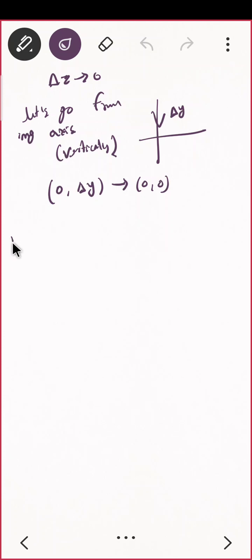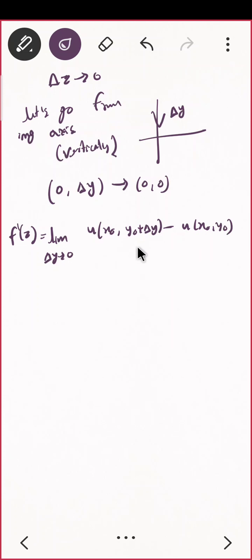So you will be having f dash of z is equal to, what will come here? Limit delta y tending to 0 of u of (x naught, y naught plus delta y) minus u of (x naught, y naught), that is a constant value that won't change.